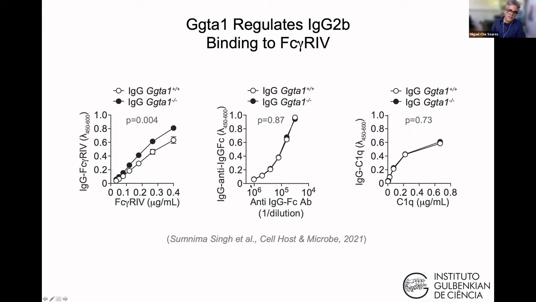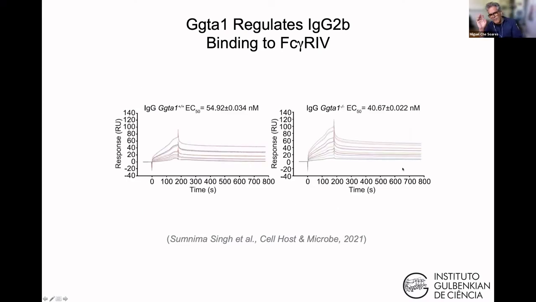They don't show any difference in a series of controls, and they also don't have any difference in their ability to activate complement. So when you measure this affinity, you see an increase from 54 to about 40.